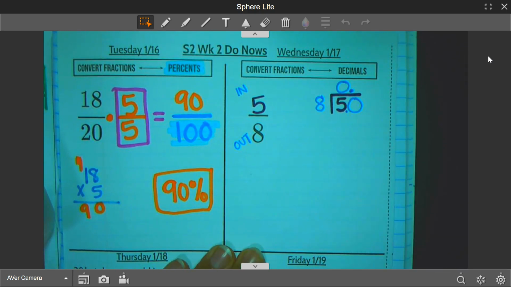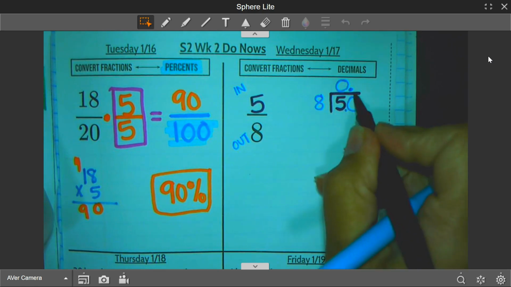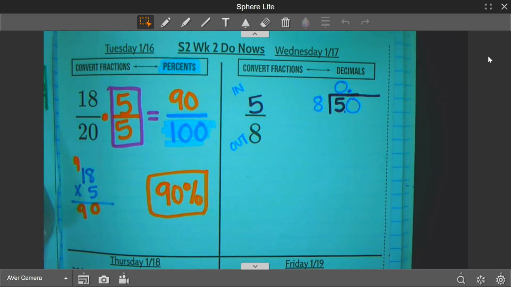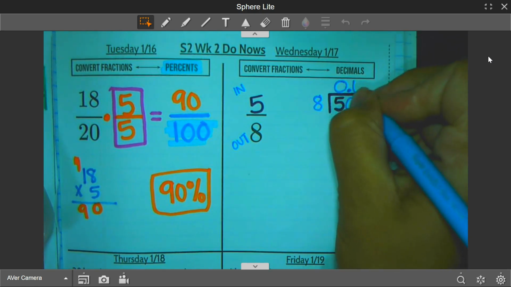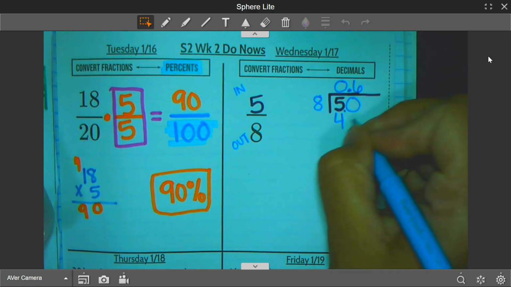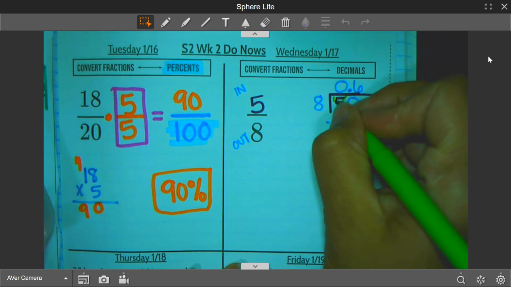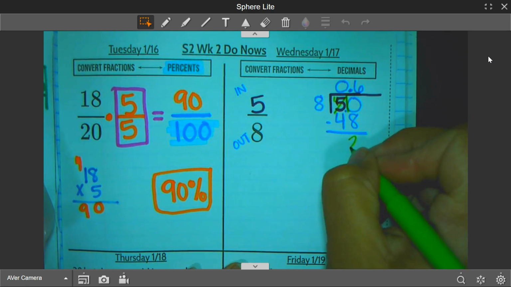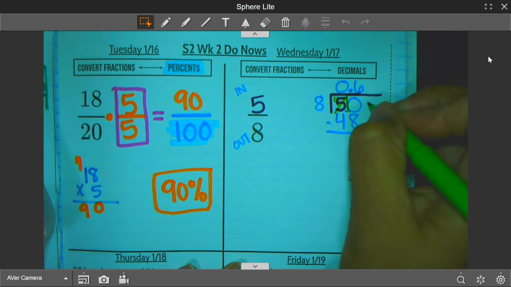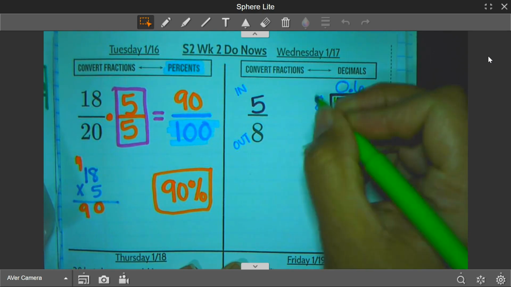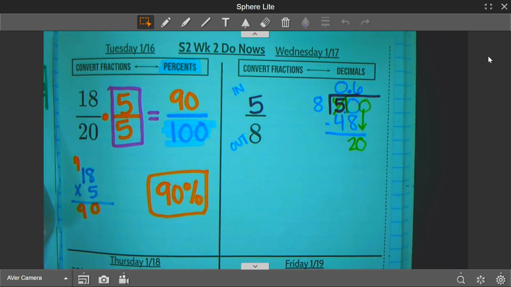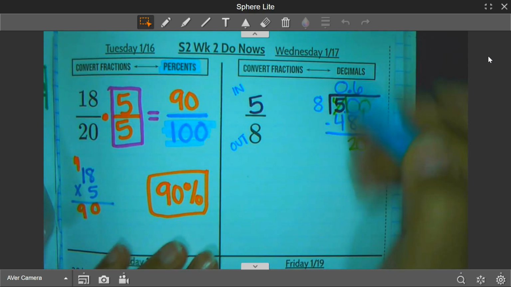8 divides into 50 six times, not exactly, but close enough. That's 48. Let's subtract that. But remember, when we subtract, we need to regroup or borrow. That is a 2. Add a 0, bring it down. 8 divides into 20 twice, not exactly.